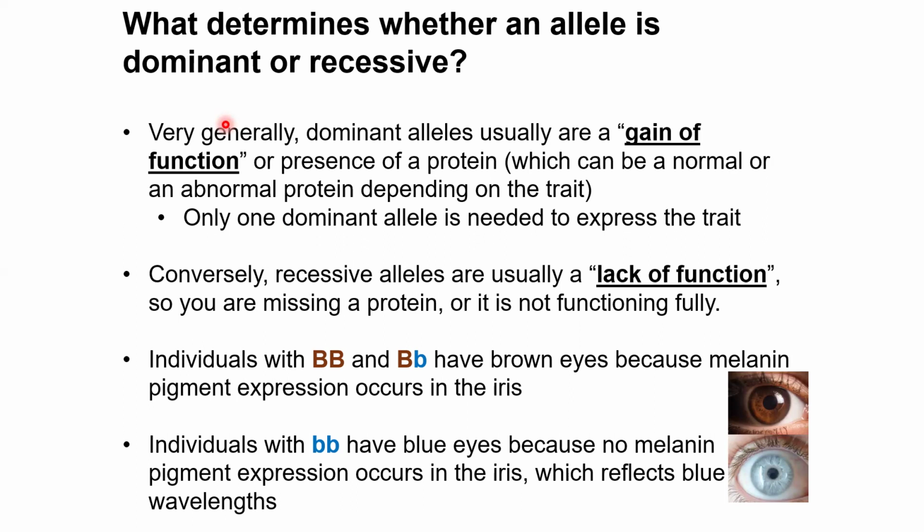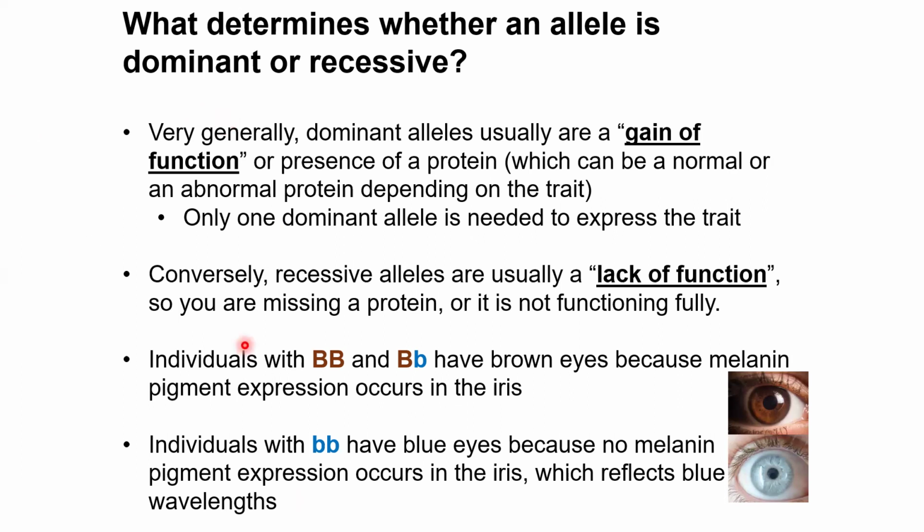Conversely, recessive alleles are like a lack of function. If you're missing a protein or it's not fully functioning, it's not entirely a case of gaining function or lack of function. It's more like what's more prominent.